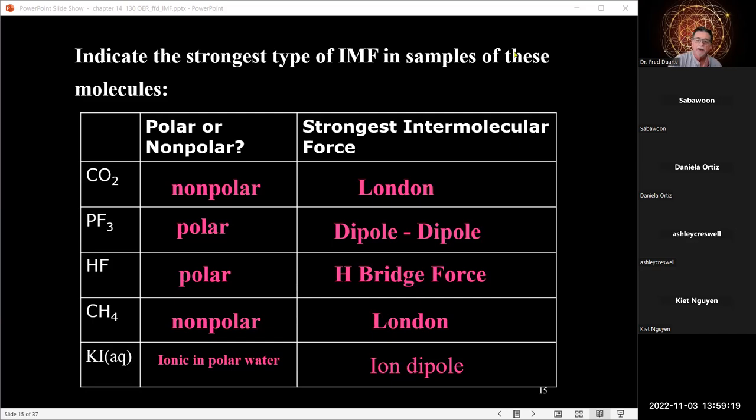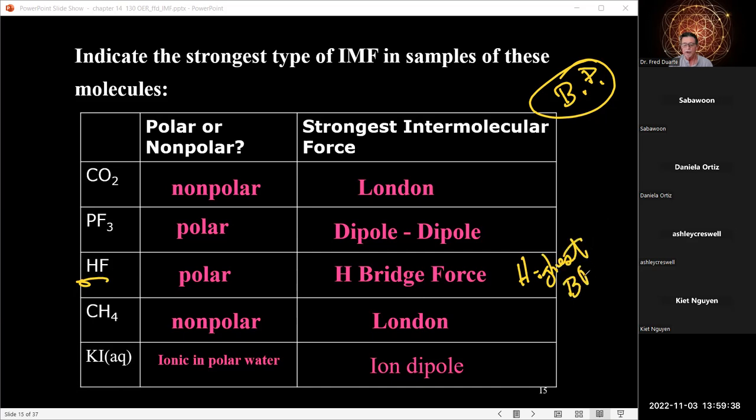Okay, and so what we can deduce with respect to boiling point, the temperature at which these molecules will boil, is that HF would have the highest boiling point. We can't give it an exact number, but we can do a relative comparison. Of these four, HF would have the highest boiling point because it has the strongest force, the hydrogen bridging force.